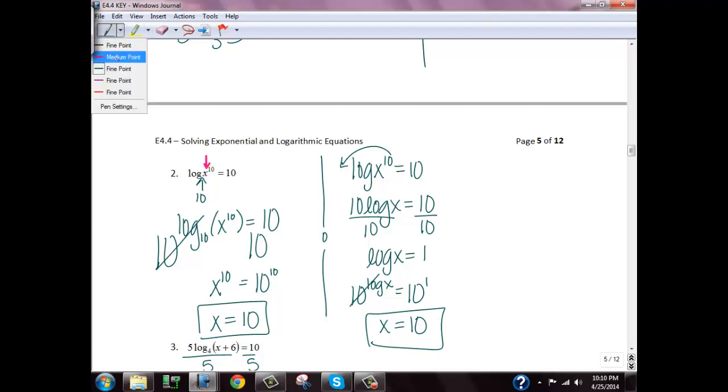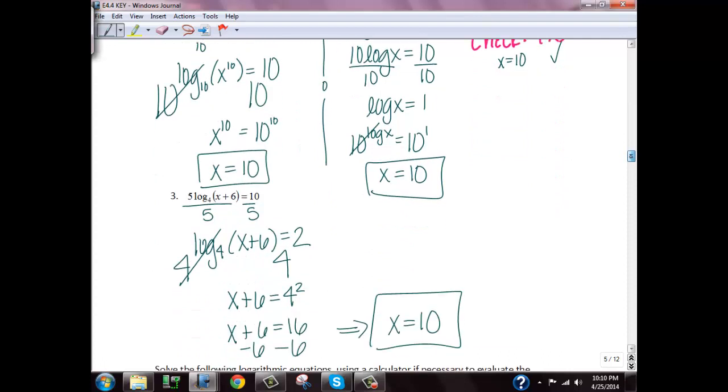Notice I do have a pink arrow here, so I would have to check this one to make sure my inside number, which is x, remains positive. And obviously if I plug in x equals 10 into x, I get 10, which is neither 0 nor negative, so that solution works.